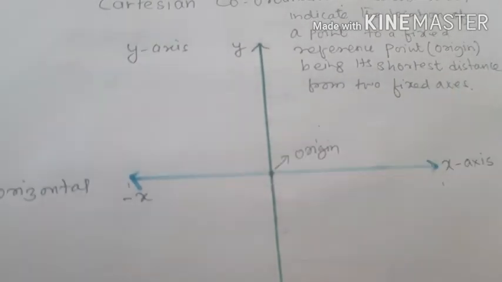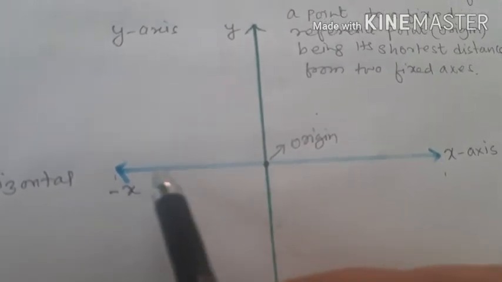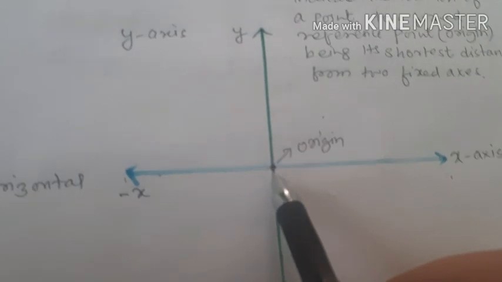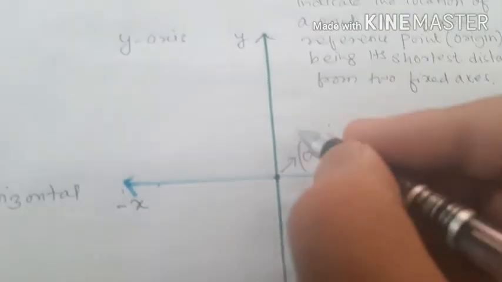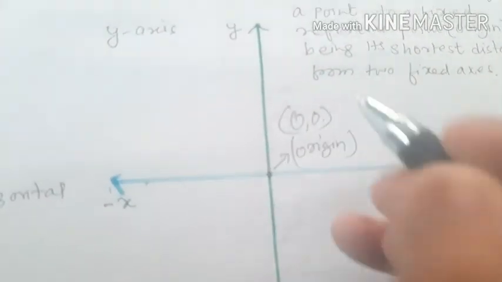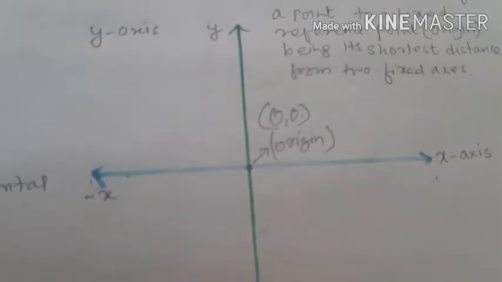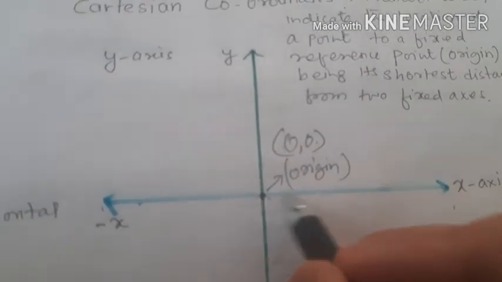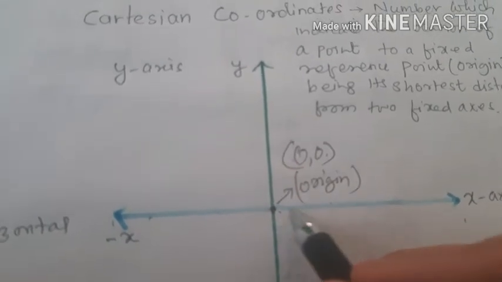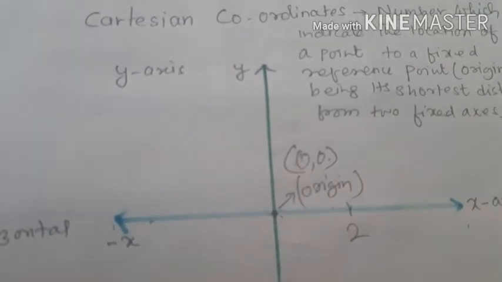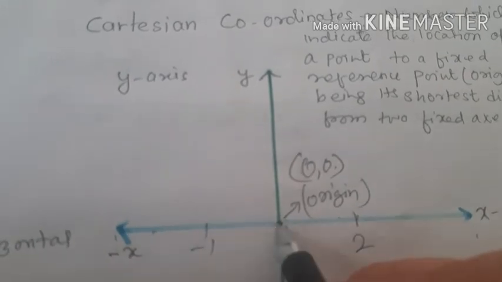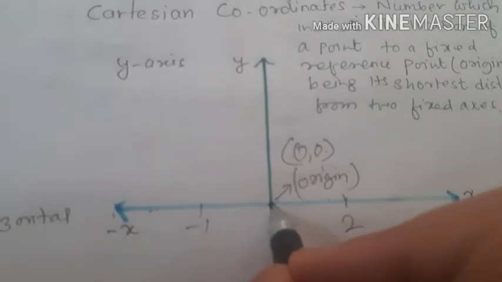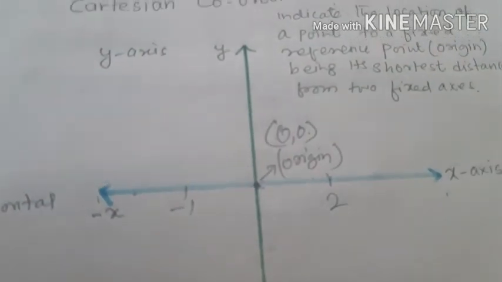The point of intersection of these two lines is called origin. Its coordinates will be (0, 0), and it is also known as reference point. From this reference point we'll count. Suppose +2 goes here, and -1 will go here from the origin. So that is why this point is called a reference point.